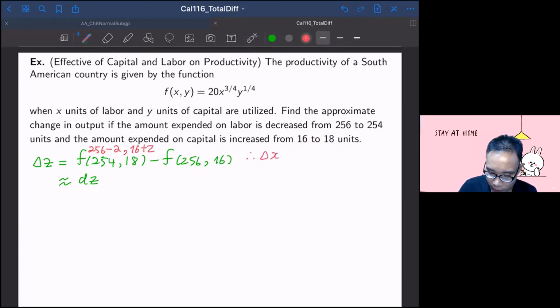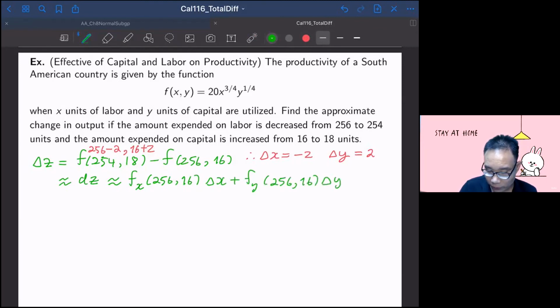So you can conclude that delta x equals -2 and delta y equals 2. And dz will be fx at (256,16) times delta x plus fy at (256,16) times delta y.